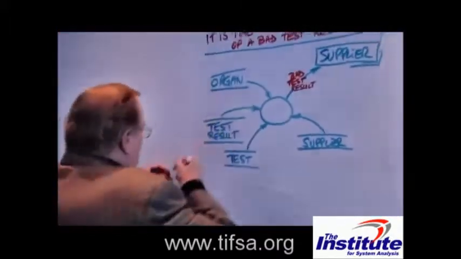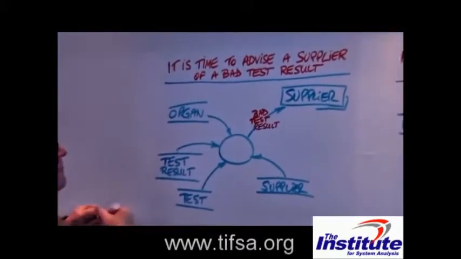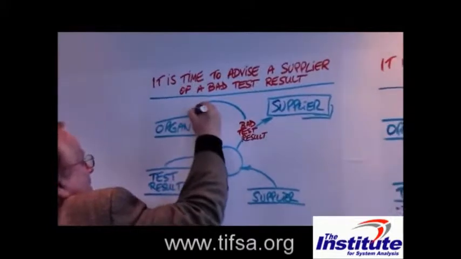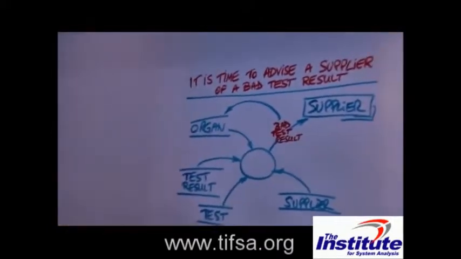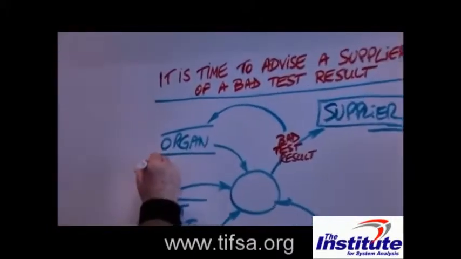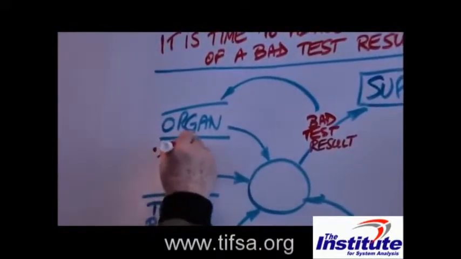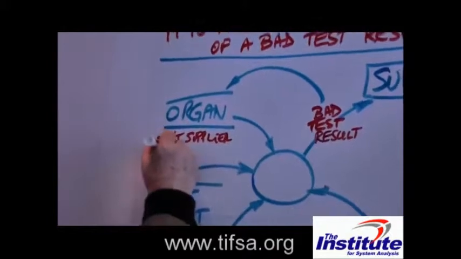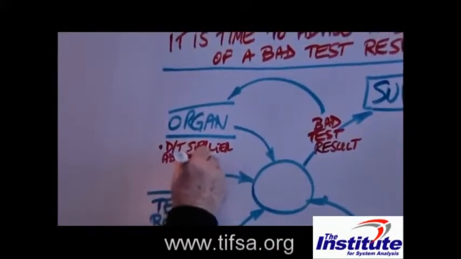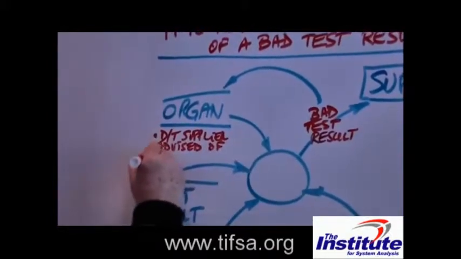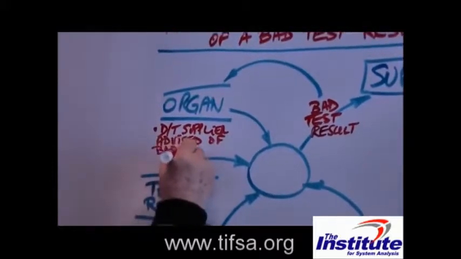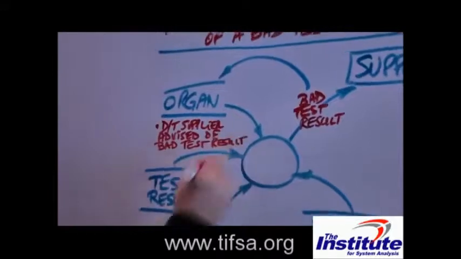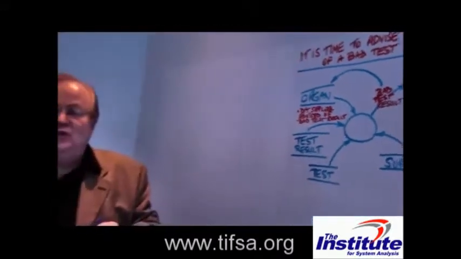So I think we're going to connect it to organ, and here I'm going to create a divergent data flow, like that, and I'm going to add a data attribute for date and time supplier advised of bad test result.